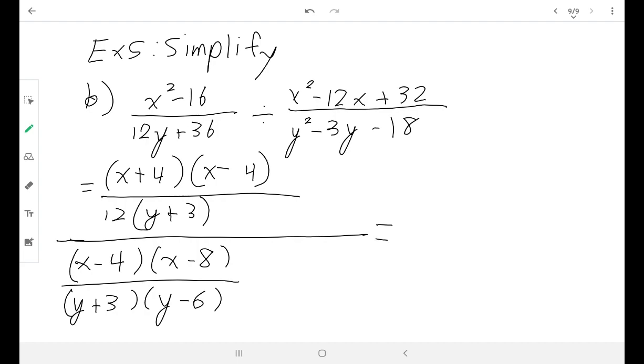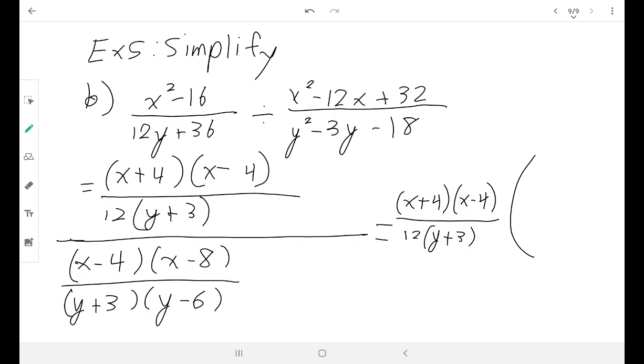So then we got to turn this into multiplication by reciprocal. I'm going to have to write a little bit smaller to make that happen. x plus 4 times x minus 4 over 12 times y plus 3 times, bottom becomes top, top becomes bottom.